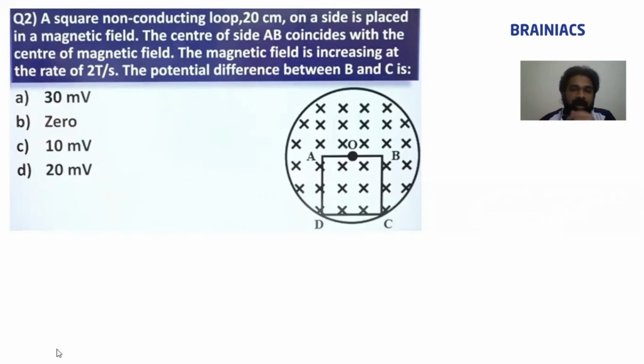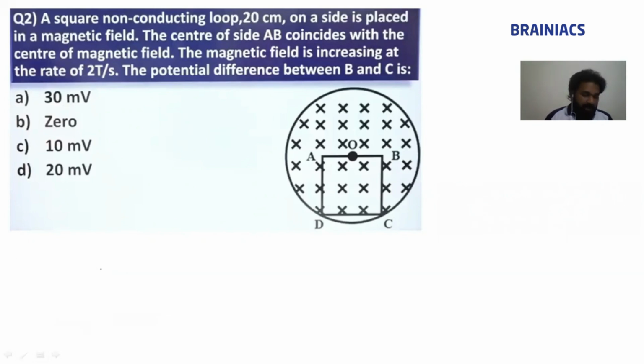The center of AB coincides with the center of the magnetic field. The magnetic field is increasing at the rate of 2 Tesla per second. The potential difference between B and C they are asking. Okay, so how to do this problem?